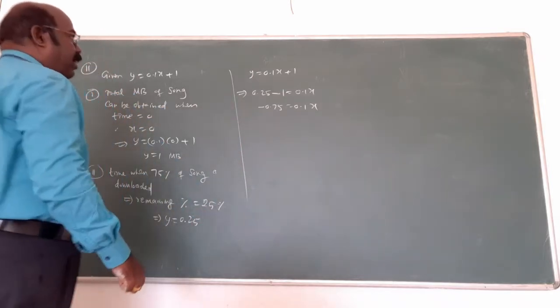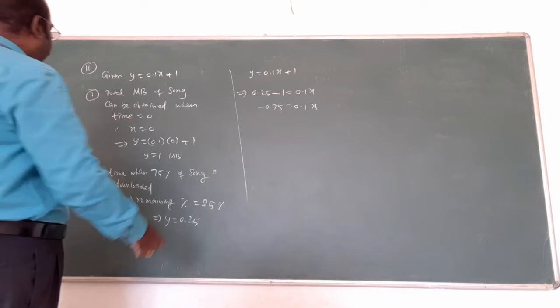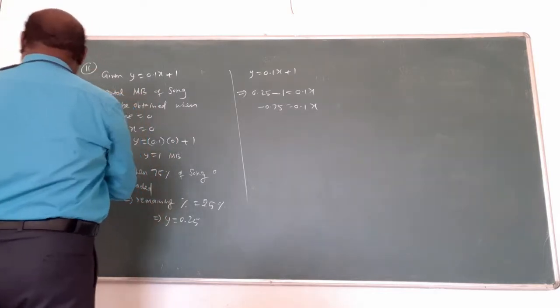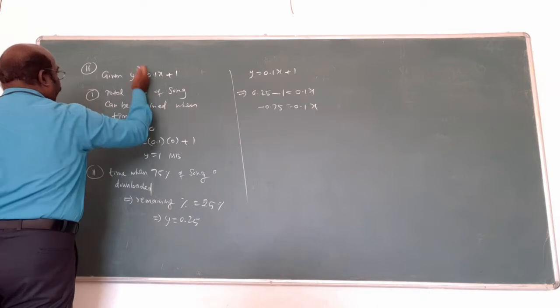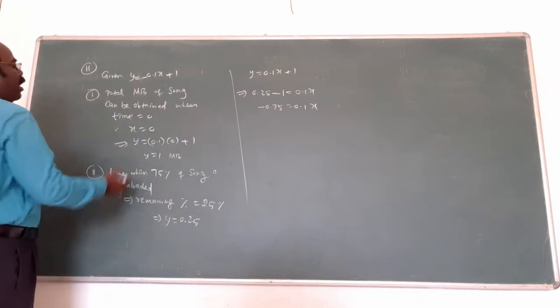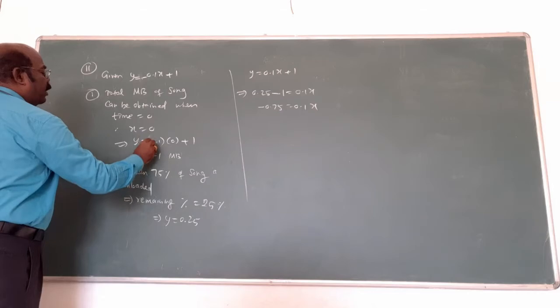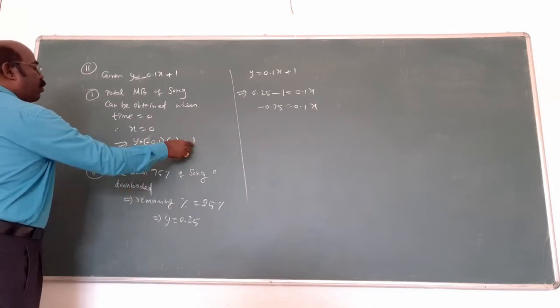The given equation is actually not plus but minus. This is the given equation. But substitute 0 now; that's why the first answer is the same. We have minus 0.1 into 0, which is 0, so 1 only.